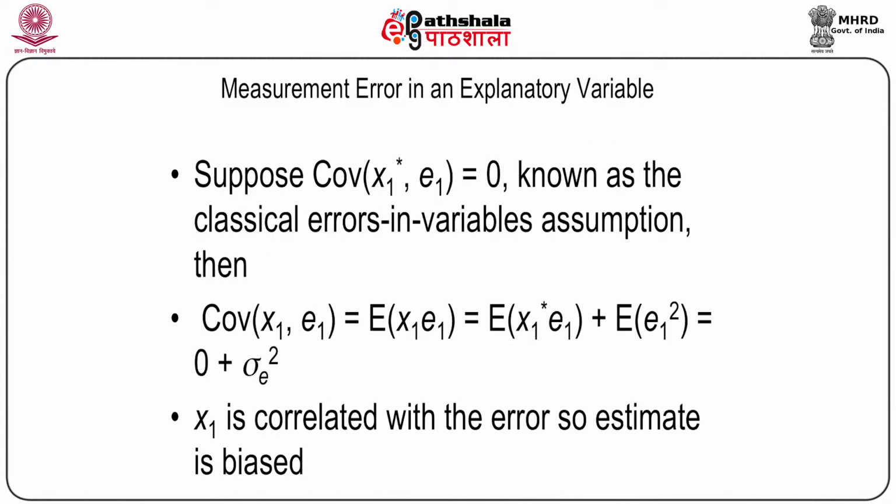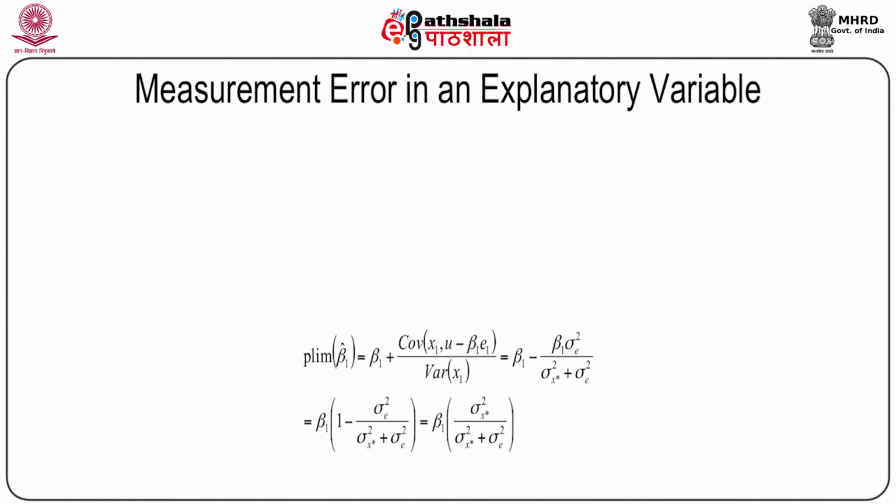Now suppose the covariance of x1 star and e1 equal to 0, which is known as the classical errors-in-variables assumption. Then the covariance of x1 and e1 equals the expectation of x1 e1, which equals the expectation of x1 star e1 plus the expectation of e1 squared, which is equal to 0 plus sigma e squared. In this case, x1 is correlated with the error, so estimates are biased.